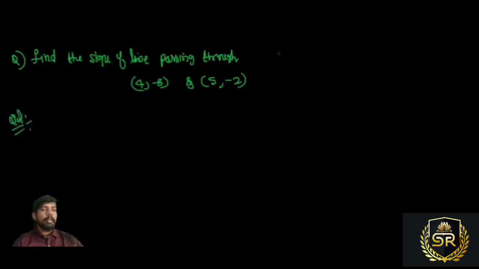Find the slope of a line passing through 4, minus 8 and 5, minus 2. Here, the slope of the line is asked. We know the slope formula: slope is equal to y2 minus y1 by x2 minus x1.